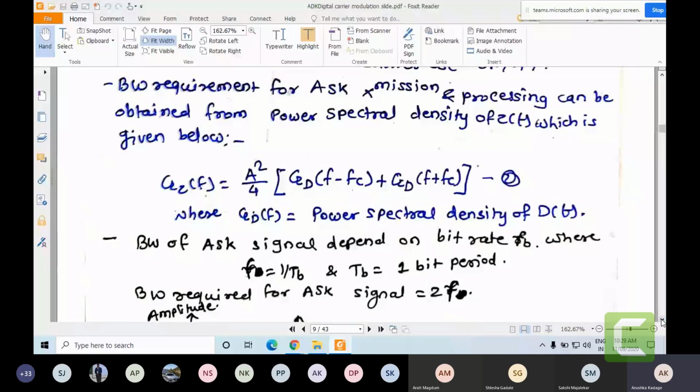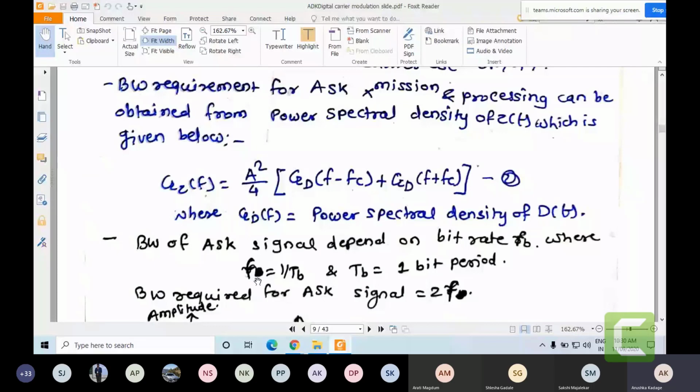So this bit rate we are indicating with FB, and FB is nothing but what? Frequency of generation of bits, that is equal to 1 by TB, where this TB indicates the bit period over which every bit is going to exist.